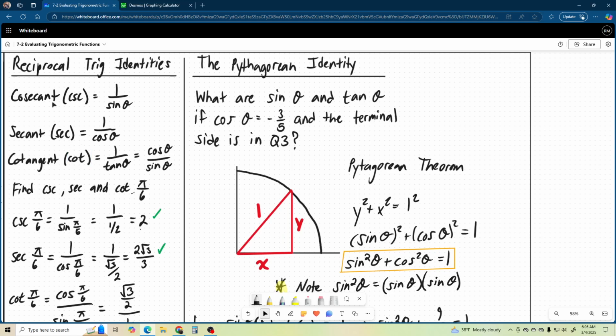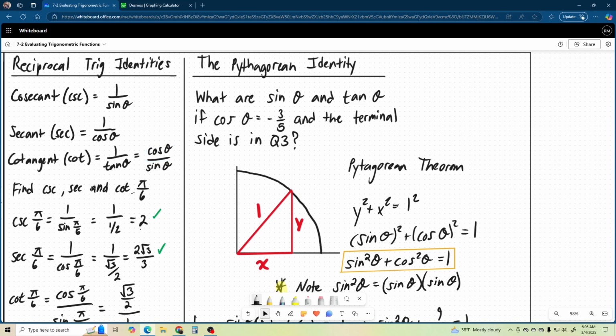So in this case, we have cosecant, which is the reciprocal identity to sine. So cosecant, CSC is how we abbreviate it, is 1 over sine. Secant is 1 over cosine, and cotangent is 1 over tangent, which is of course cosine over sine, right? Because we flip them.